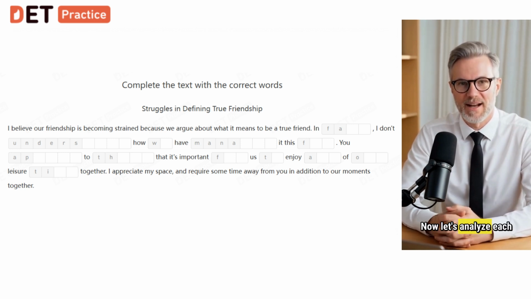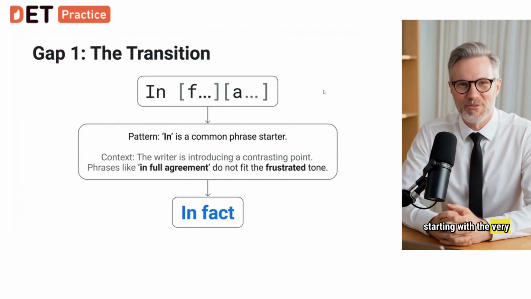Now let's analyze each incomplete word in detail, starting with the very first one. The passage begins with in, followed by an incomplete word starting with F, then another incomplete word starting with A. The answer is in fact. How do we know this? Well, in is a common phrase starter in English, and we have letter clues showing the pattern.